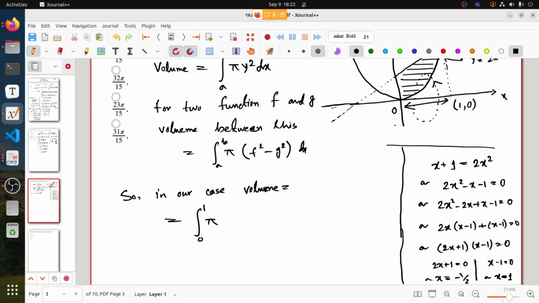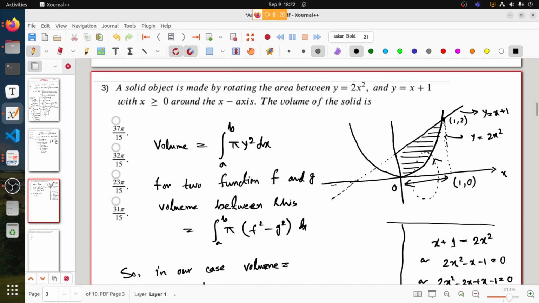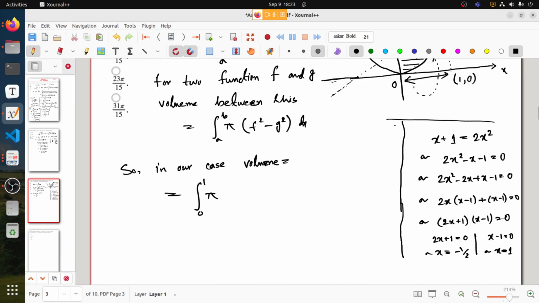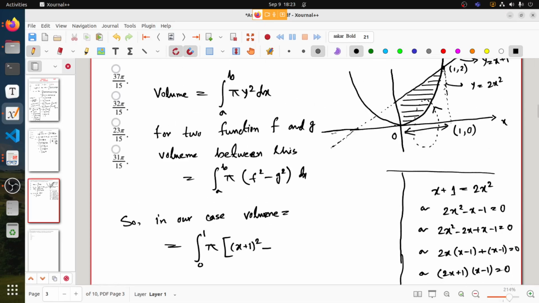Which curve is above? This y equals x plus 1 curve is above, right. So this is f and this is g, y equals 2x squared is the g curve. So it will be pi of x plus 1 whole squared, right? Y squared, this curve is above, and for the second one it's 2x squared, right?